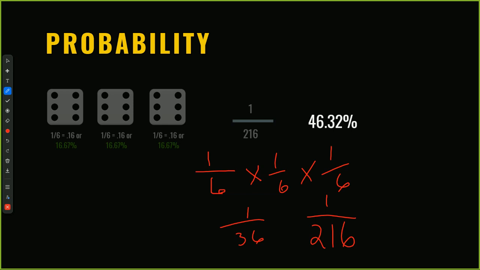Okay, so that part of my equation is correct. But when I turn it into a probability, I actually get a probability of 0.4629%.